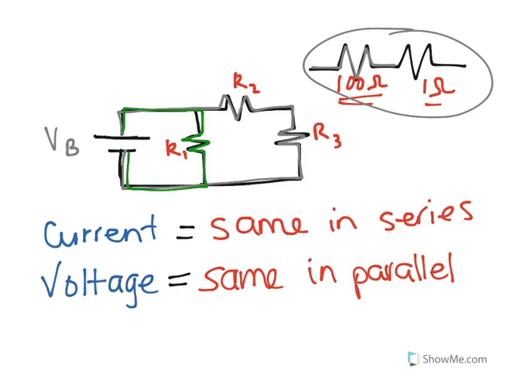That's how we know that voltage for two resistors in series is not the same, unless they have the same resistance. But the important thing to know is that current is necessarily the same for resistors in series, and voltage is necessarily the same for resistors in parallel.